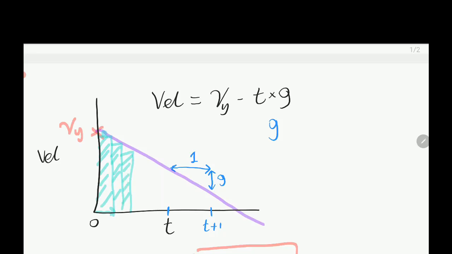So the next moment of time, we're going to have an average velocity like this. Well, the velocity is going to be approximately this, and then approximately this, and so on. And so we're adding up this area under the curve. And then eventually, we'll get to a point where the velocity is actually negative, and then we're going to be falling.